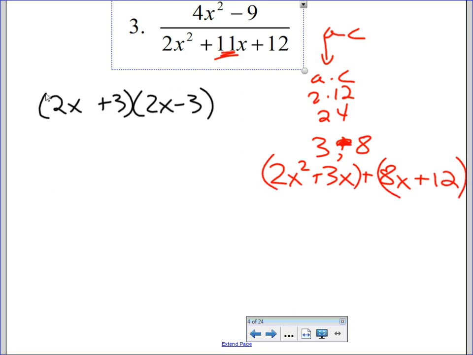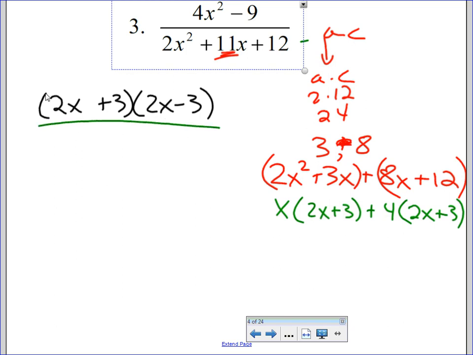Group, factor out the greatest common factor. And so the bottom part will factor as x plus 4 times 2x plus 3.